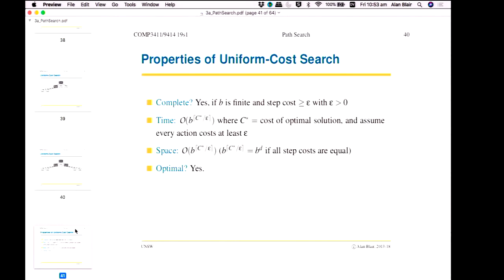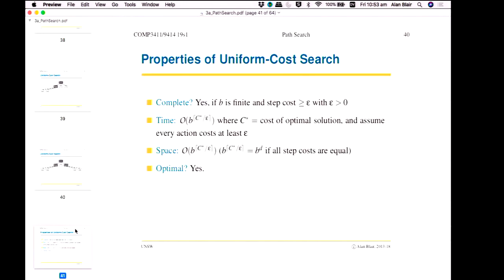Let's suppose you have a road that's 1 mile, and then a road that's half a mile, and then a quarter of a mile, and then an eighth, and then a 16th, and every road is 1/2 the length of the previous road. Then even though the goal is only 2 miles away, you'd have to go through an infinite number of cities to get there. So we want to avoid that issue. So there's some number epsilon, and every road is at least length epsilon. Then we can actually prove these properties.